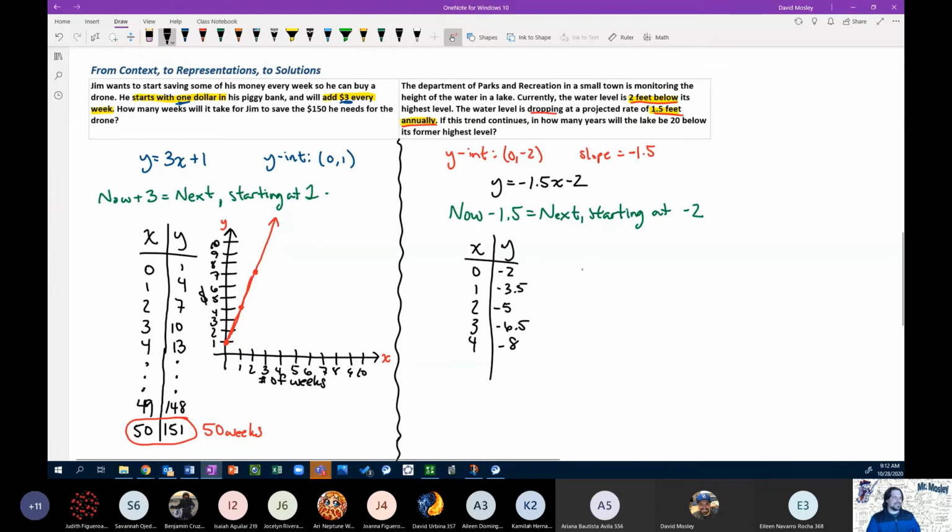We could also look at a picture of the graph. In this case, I'm drawing positive x and the negative y-axis, because that's what makes sense for this context.